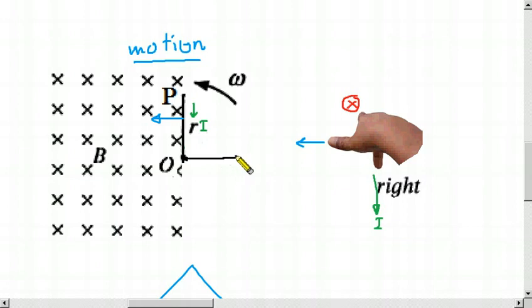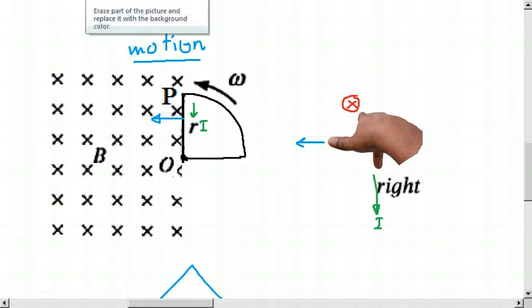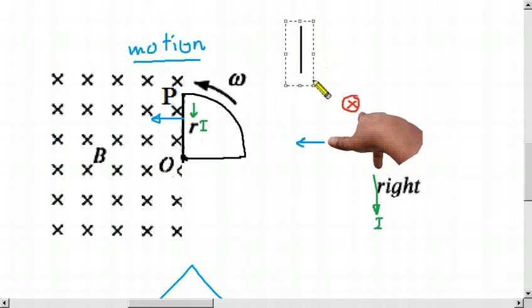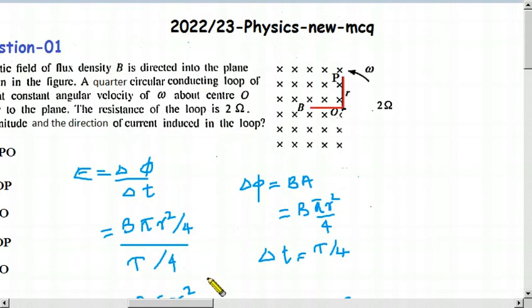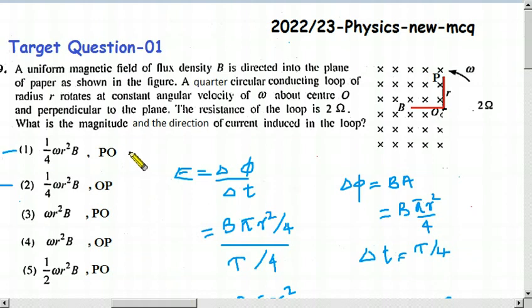So now I have to draw this part, because if I consider the current, these deleted parts also should be here. You can't get a current in a straight wire like this without having a loop. So now this is the final answer. The I is from P to O using the right hand rule. So the answer is the first one.